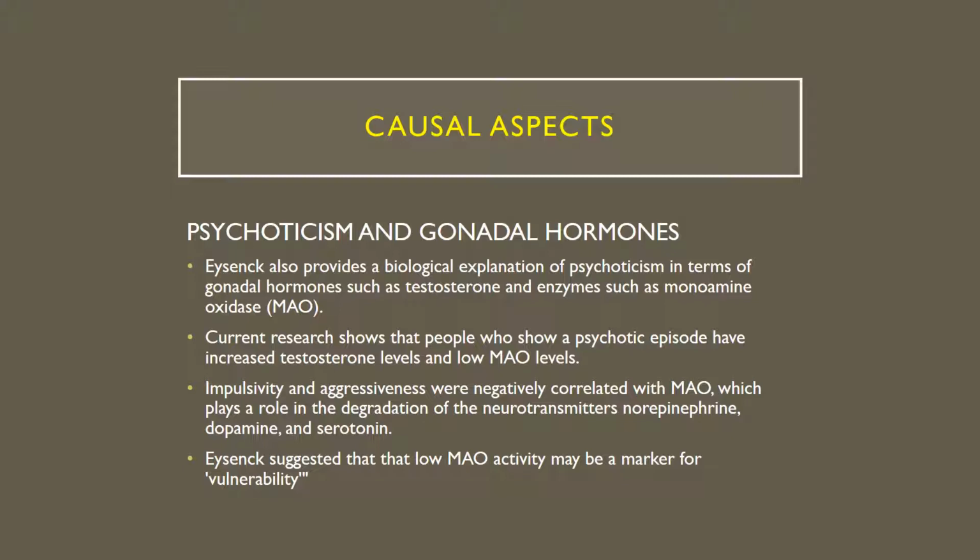Impulsivity and aggressiveness were negatively correlated with MAO, which plays a role in the degradation of neurotransmitters norepinephrine, dopamine, and serotonin. Eysenck suggested that low MAO activity may be a marker for vulnerability.